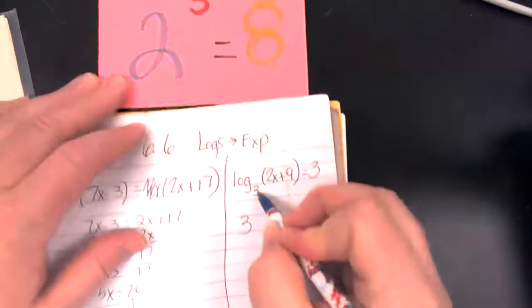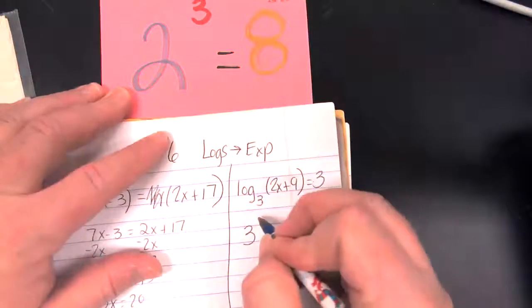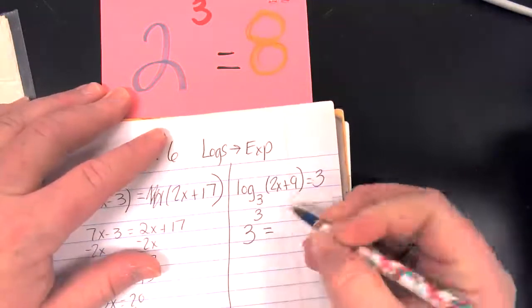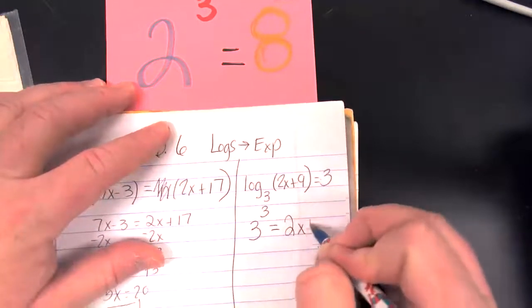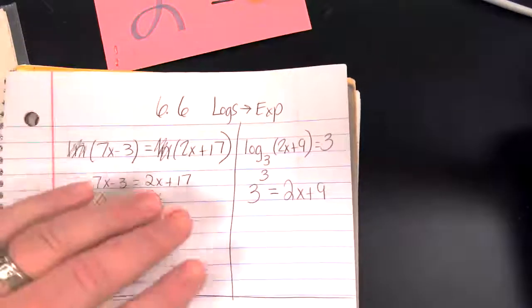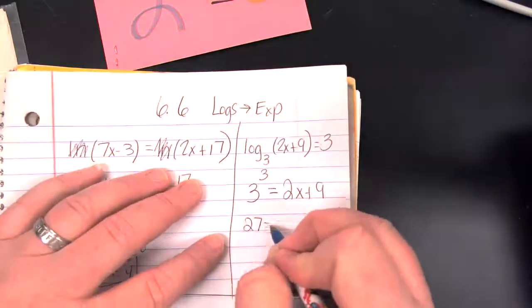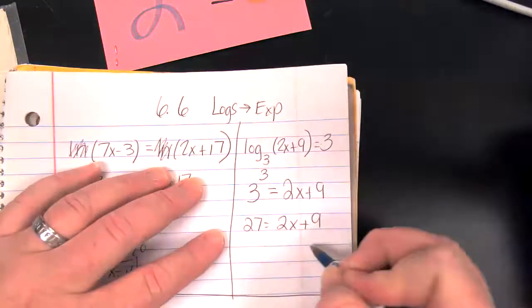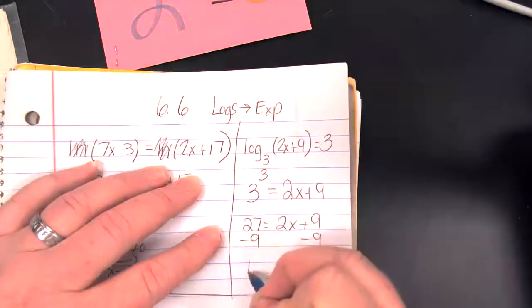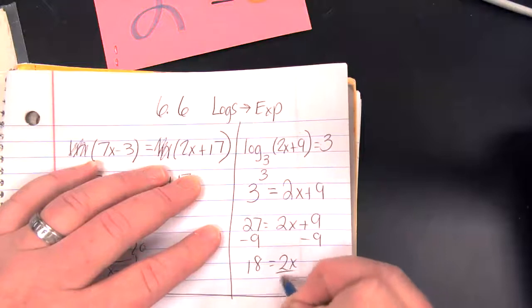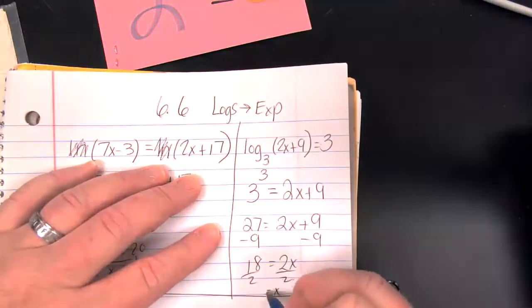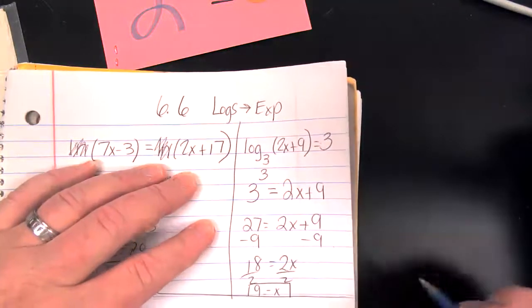Where do I get my power from? The other side. So this is 3 to the third equals 2x plus 9. What's 3 to the third? That's 27. Subtract 9, I get 18 equals 2x, divided by 2, and x is 9.